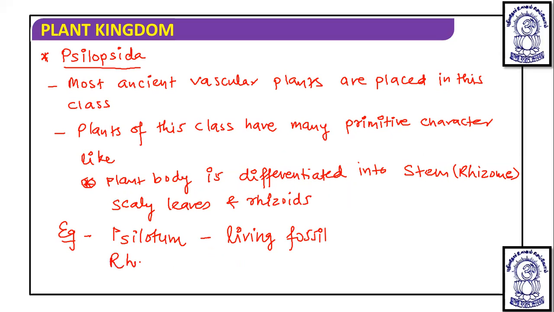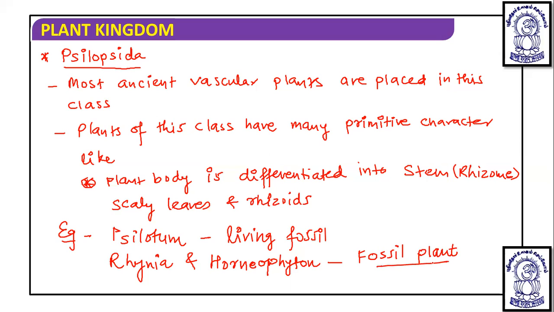Another example is Rhynia and Horneophyton, and these are fossil plants, which means they have died and been fossilized, but Psilotum is the one plant which is still surviving.